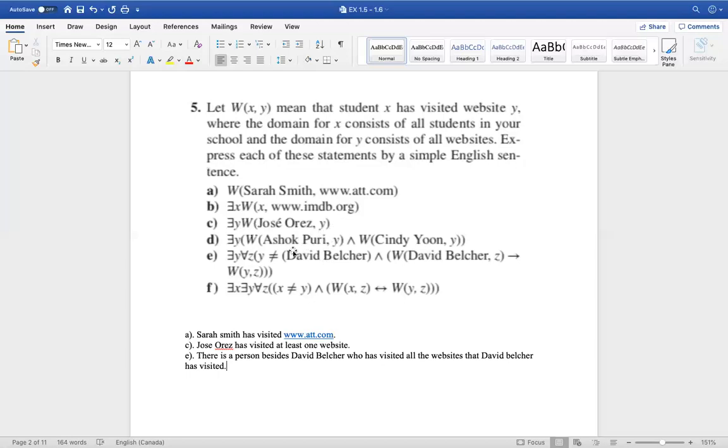Because here we are saying that there is a person, which is expressed by X, right? So there is a person who is not this guy and who has visited all the websites that David Belcher has visited.